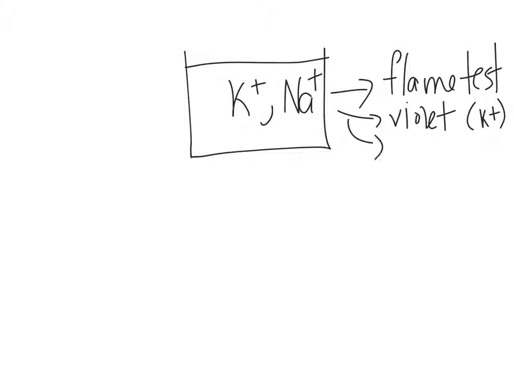If you have a bright yellow flame, you know you have sodium ions. That's pretty much all you can do. It's a flame test. We're going to do flame tests next year.